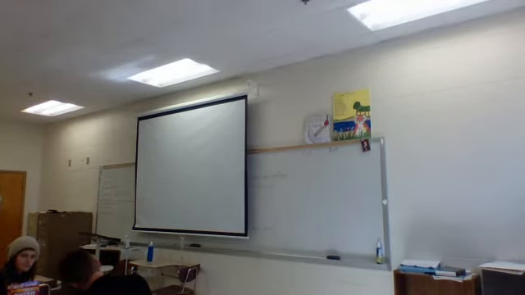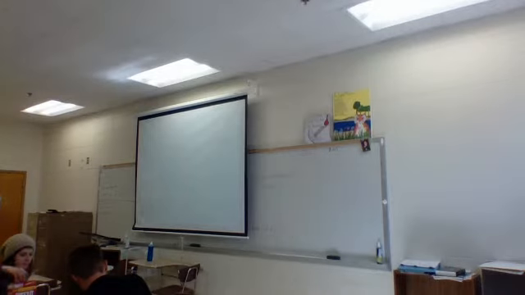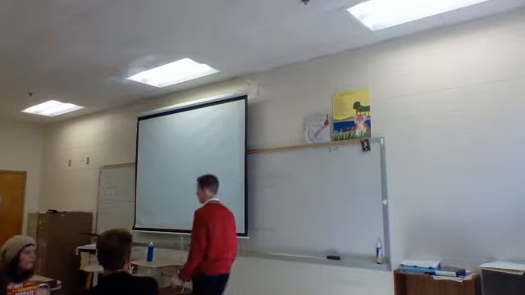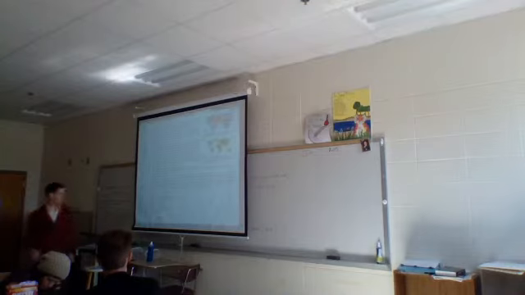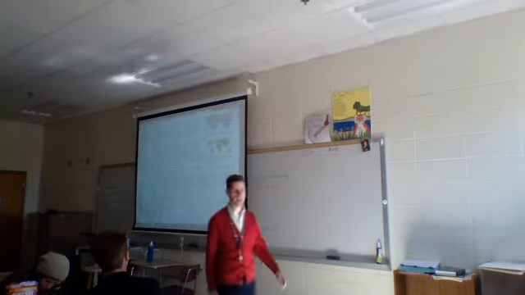Okay, I'm writing a paper on causes of World War I. Now I'm going to use this page to find all my info for my paper, but I'm not going to cite this page. I'm going to cite what they've cited.